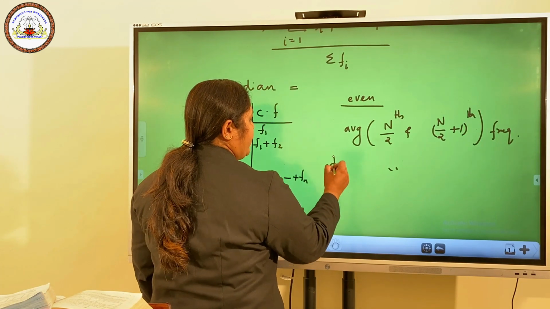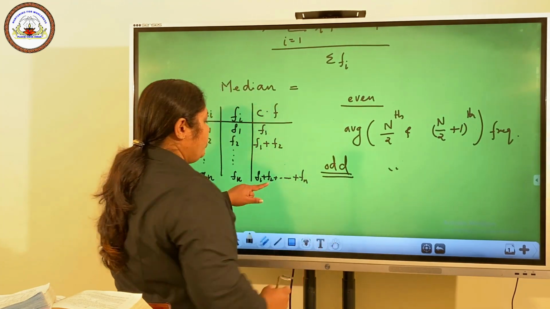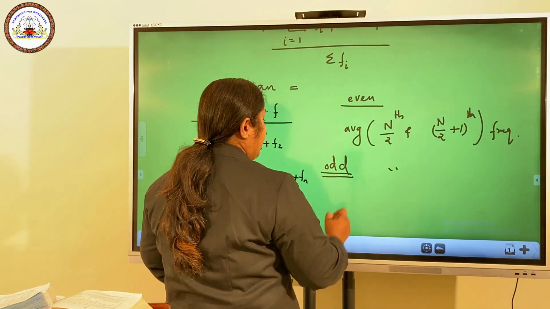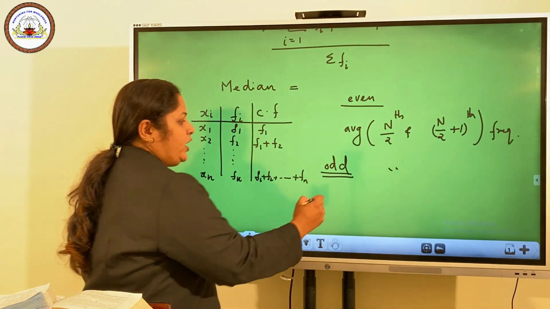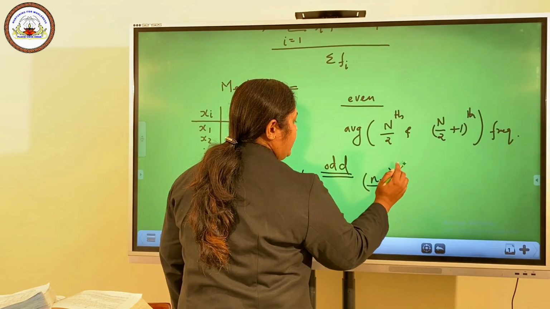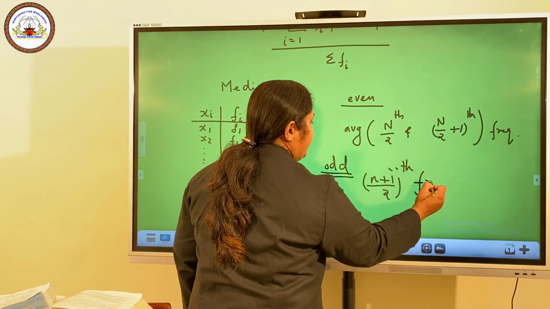If the cumulative frequency is an odd number, then you have to take the observation corresponding to the n plus 1 by 2th frequency.